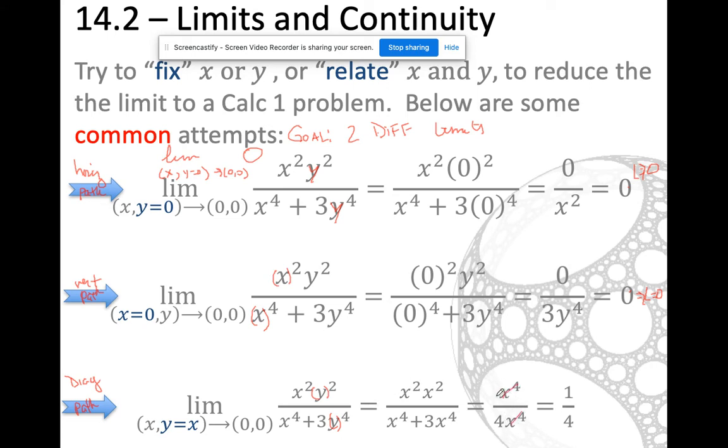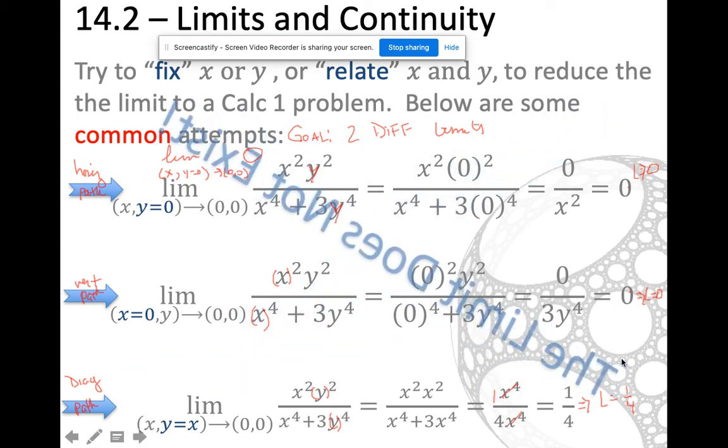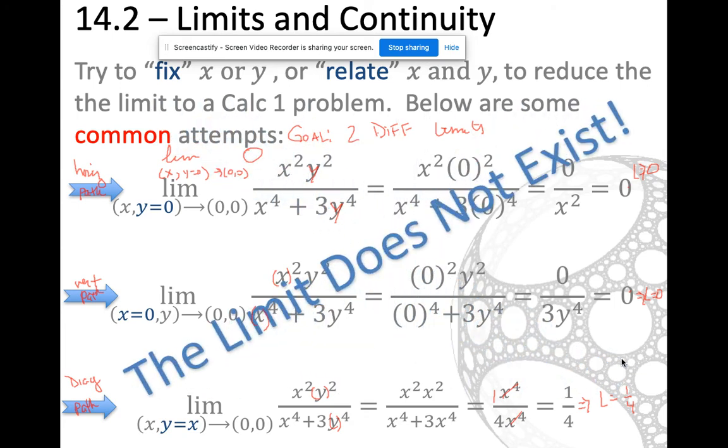The x to the fourth canceled out, and I was left with 1/4. What is the limit of a constant? I took two different paths to the origin. I don't know what this thing looks like, but there were two different paths to the origin, and on either the horizontal or vertical path, I approached 0, but on the diagonal path, I approached 1/4. Therefore, the limit does not exist.